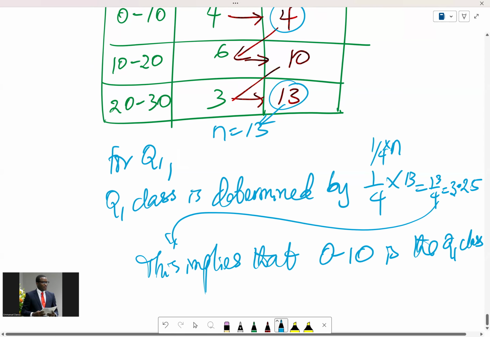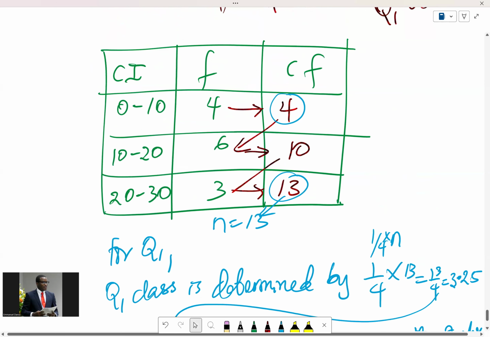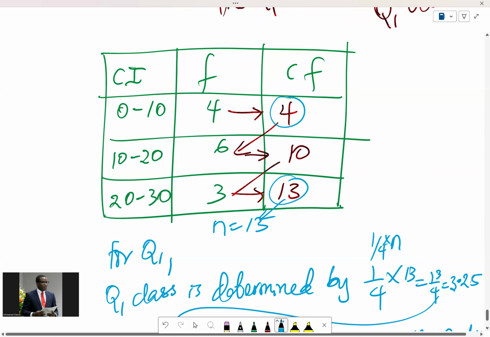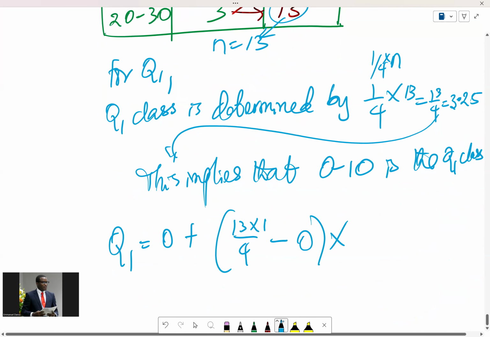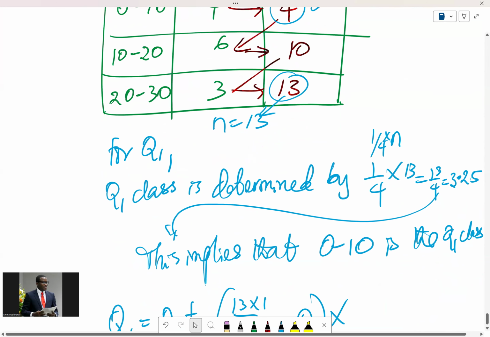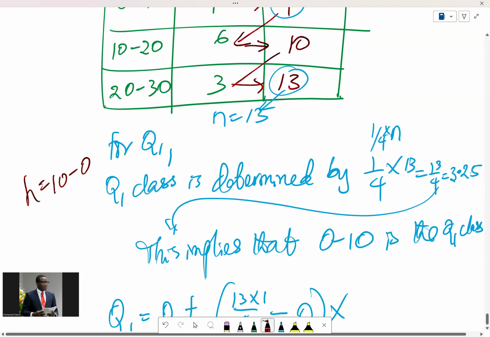Now that we know the class, we can calculate Q1. The lower boundary of 0 to 10 is 0, plus n times 1 over 4, where n is already 13, minus the cumulative frequency before the Q1 class. Of course, there's nothing before the Q1 class because this is the first cumulative frequency, so that is simply 0, times the class width. H is simply 10 minus 0 or 20 minus 10, which is 10.